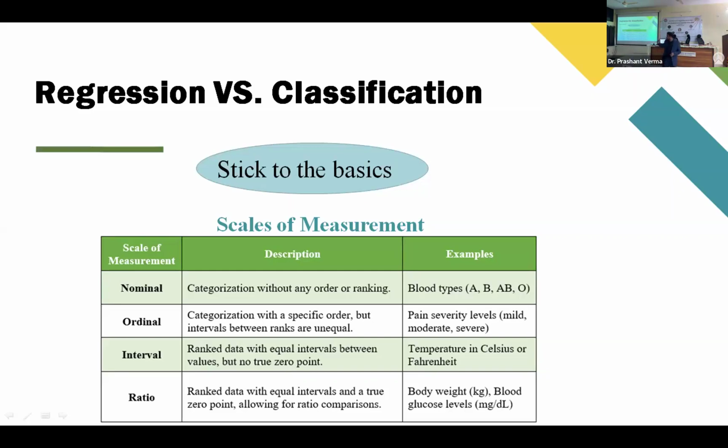Now come to the previous point, when we were talking about regression and classification. When we talk about regression, our target or outcome variable should be on which scale? It should be quantitative in nature, so it can be on either the interval scale or the ratio scale.